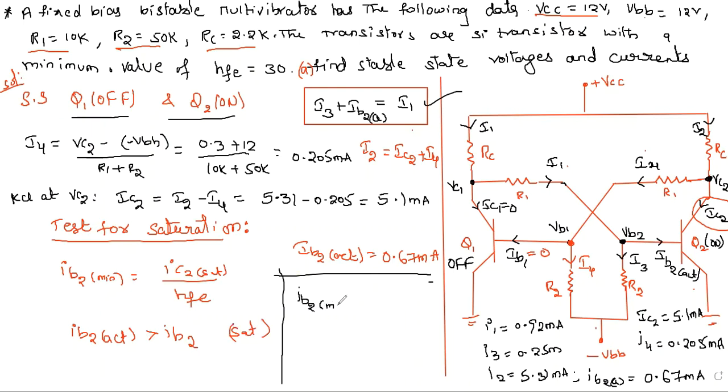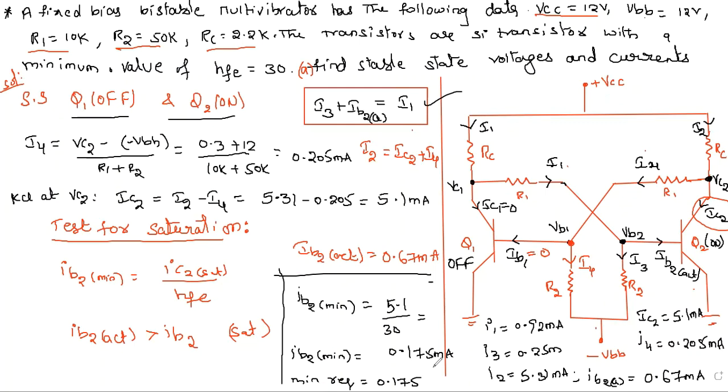IB2 minimum is IC2 saturation, 5.1 milliamps, divided by HFE, which is 30. This is about 0.175. So IB2 minimum is 0.175 milliamps, the minimum required current to make the device enter into saturation.